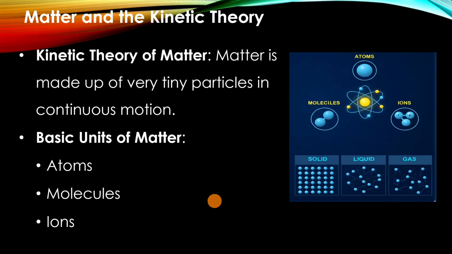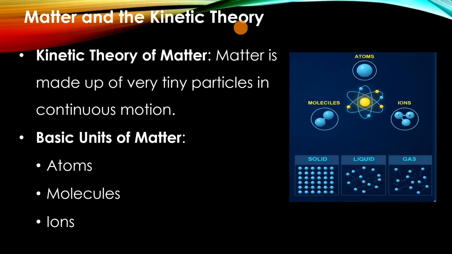Now we move on to matter and the kinetic theory. So what is the kinetic theory of matter? We have already looked at matter. Now they say the kinetic theory. Before we go to kinetic, we have the word theory.